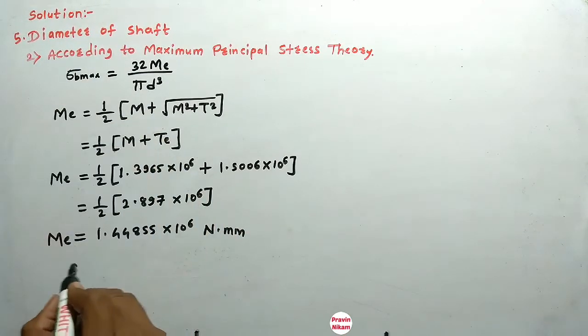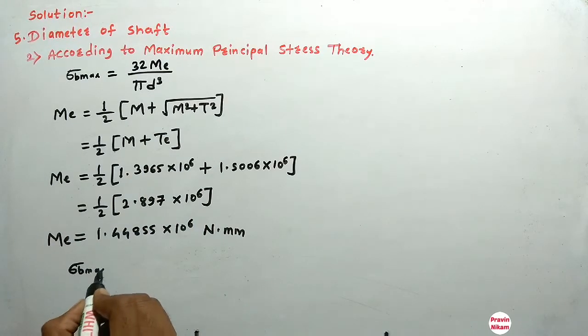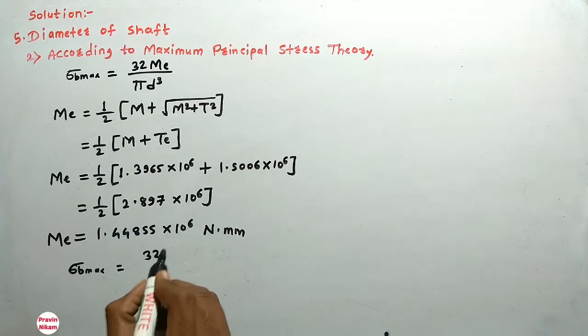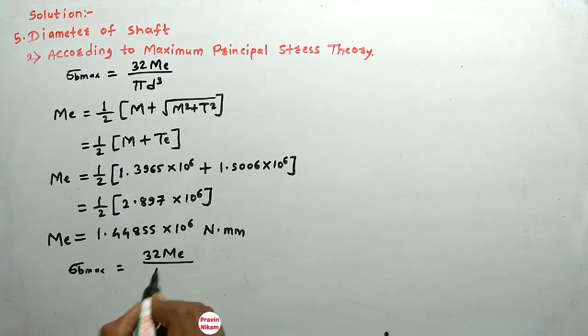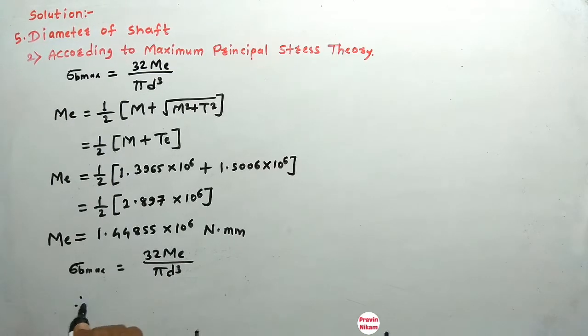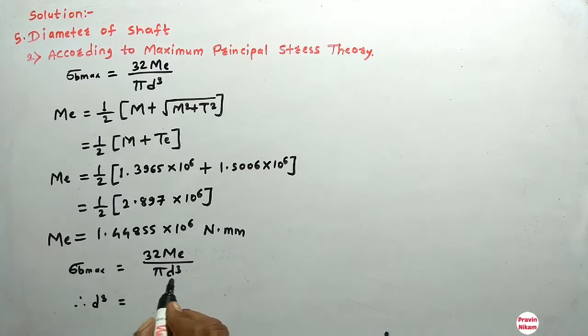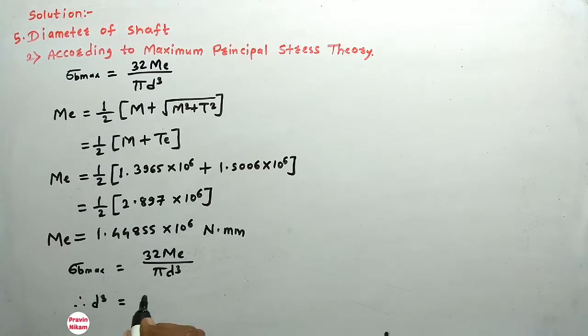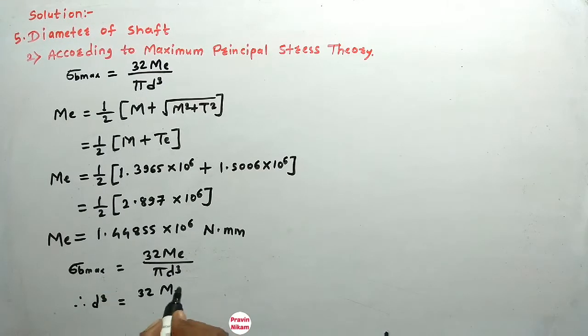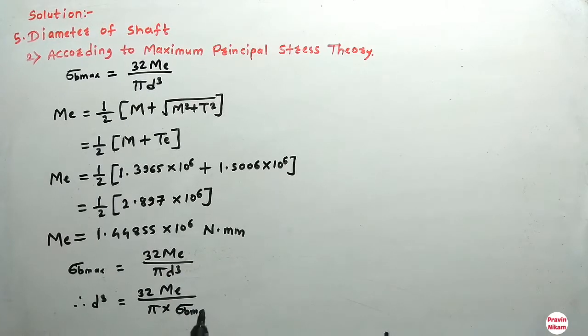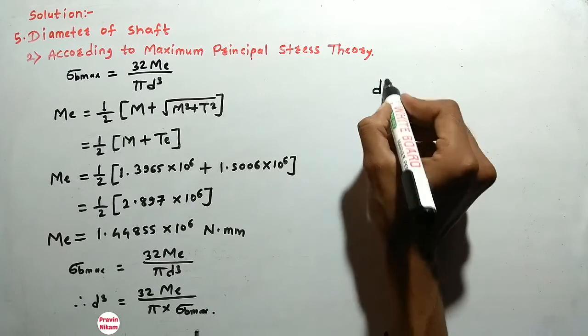Now put this value in the equation. Sigma_b max is equal to 32 M_e divided by pi d cube. Therefore d cube is equal to 32 M_e divided by pi into sigma_b max. Put the values.